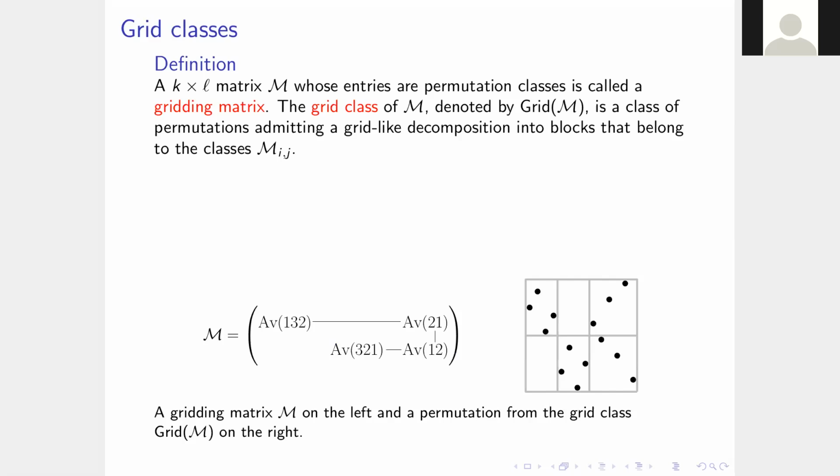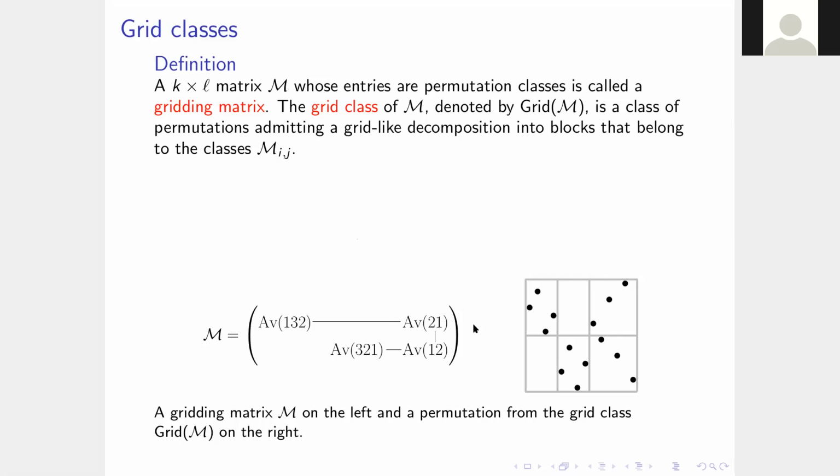However, there's been a different type of permutation classes that has been gaining attention lately in the literature, and those are the grid classes. So a k times l matrix whose entries are permutation classes is called a gridding matrix. And we can use this gridding matrix to define a grid class of M, which is denoted by Grid(M). And it's a class of permutations that admit a grid-like decomposition into blocks that belong to the classes of this matrix.